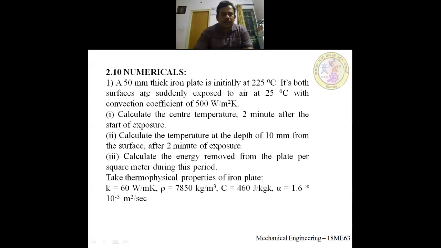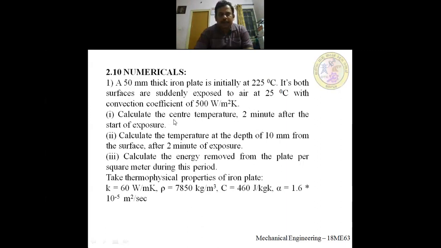So, first problem. A 50 mm thick iron plate is initially at 225 degrees Celsius. Both its surfaces are exposed to air at 25 degrees Celsius with a convective coefficient of 500 watt per meter square Kelvin. When both surfaces are subjected to the same convective boundary condition, we use the Heisler and Gröber charts.